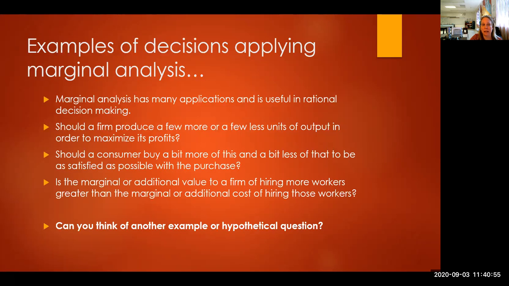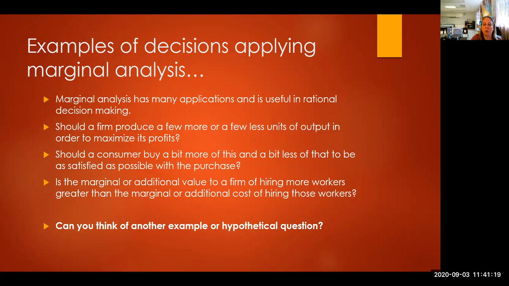So some examples of applying marginal analysis to decision making. For example, should a firm produce a few more or a few less units of output in order to maximize its profits? Should a consumer buy a bit more of this and a bit less of that to be as satisfied as possible with the purchase?